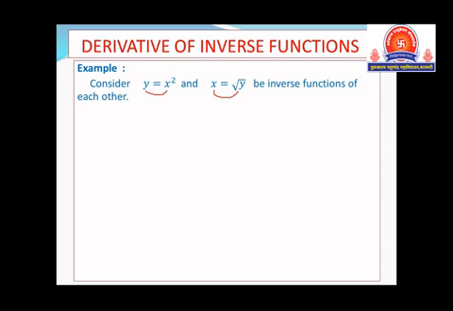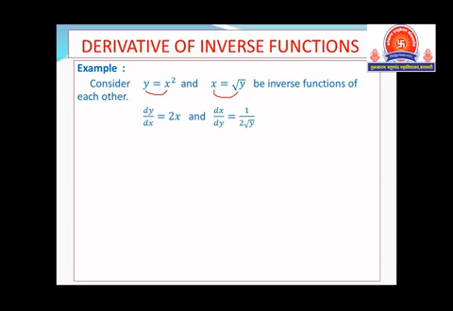Now differentiate both the functions as the first function is y in the form of x. So first function differentiate with respect to x and the second function x in terms of y is there. So second function is differentiate with respect to y.